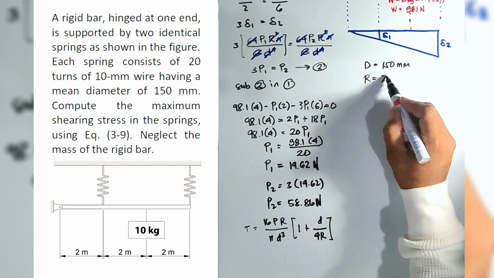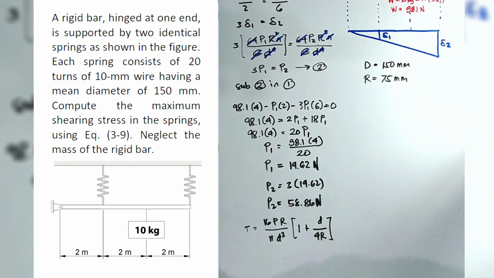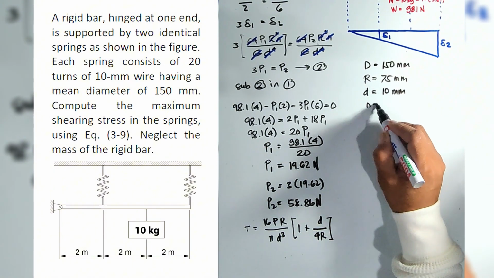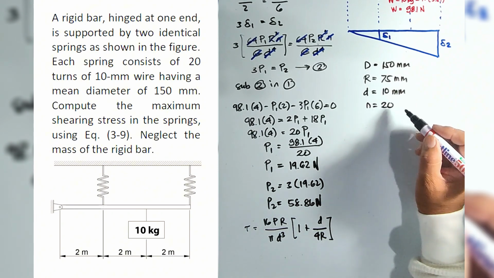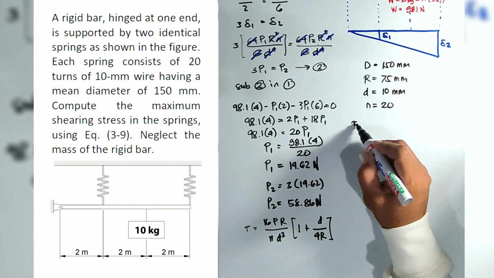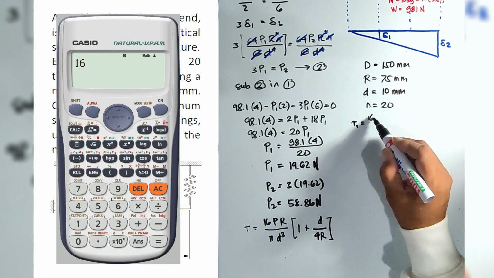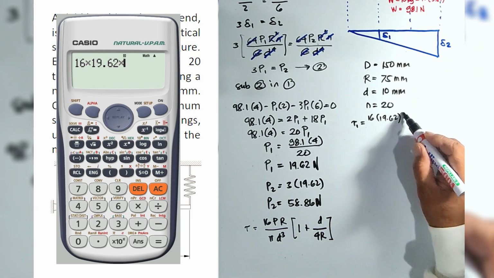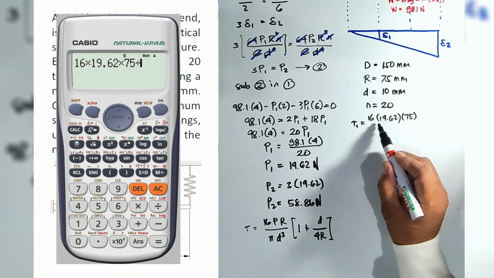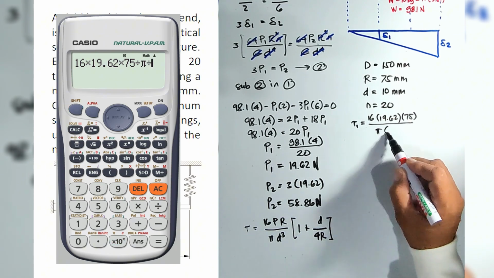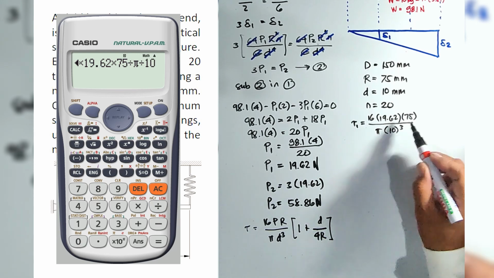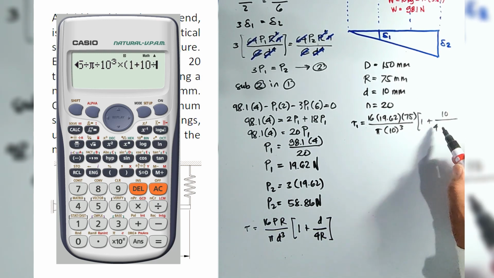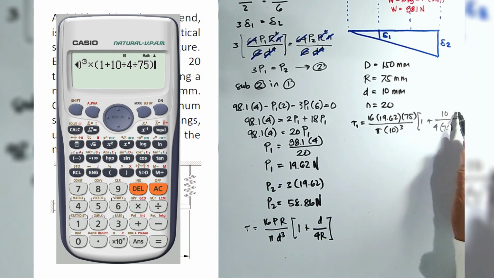That makes the radius 75 millimeters. And the wire diameter is 10 millimeters, and the number of turns was 20. So the shearing stress for spring 1 is 16 times P1, that's 19.62, times R, 75, divided by pi times the diameter 10 cubed, times 1 plus diameter 10 divided by 4 times R of 75.